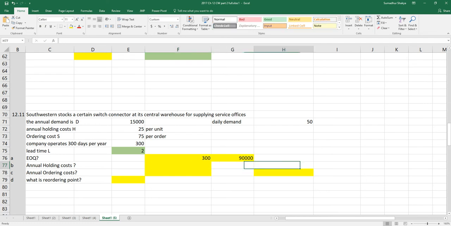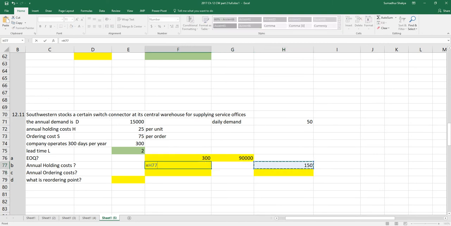At this rate, our average amount of product in the inventory would be half of this. The holding cost is 150 times 25.